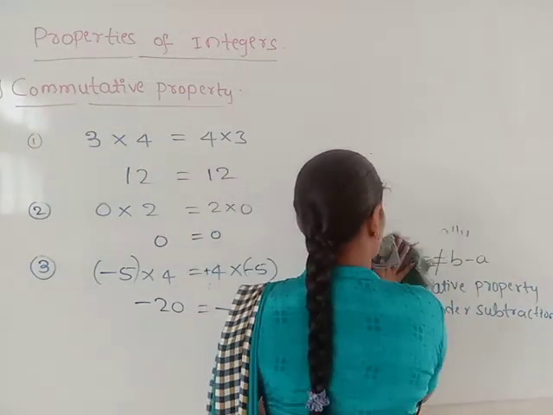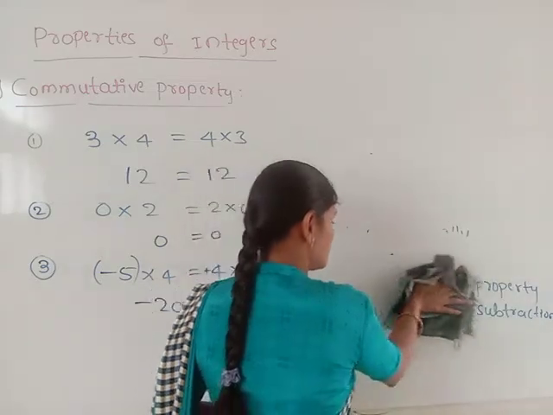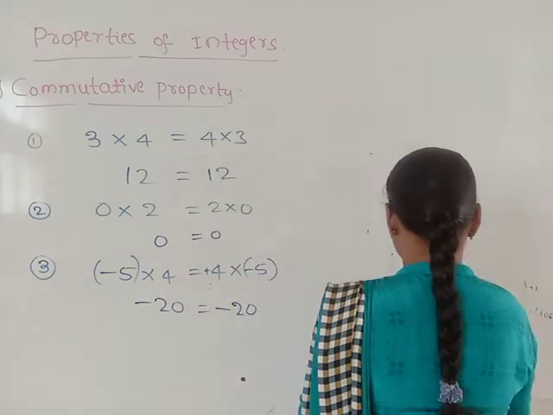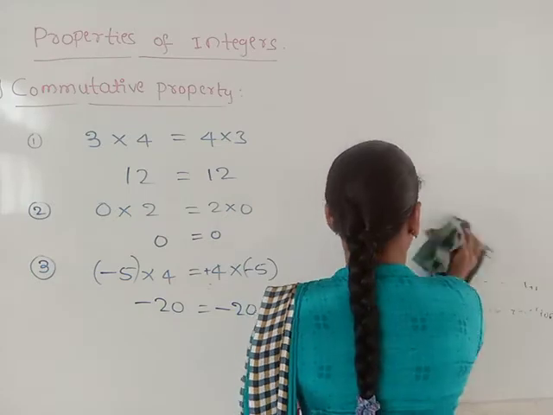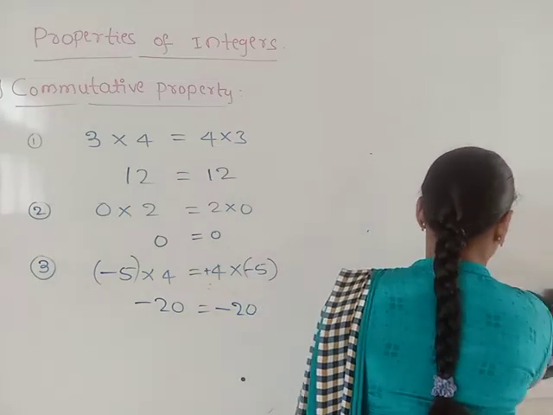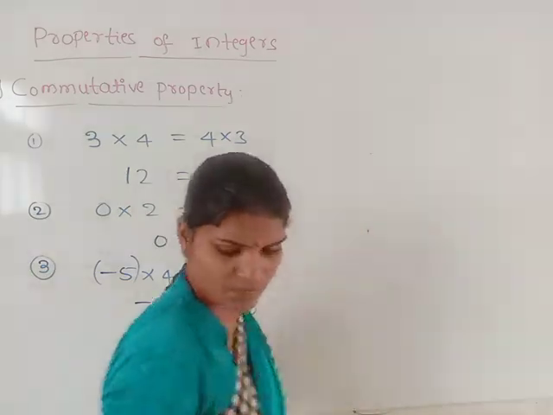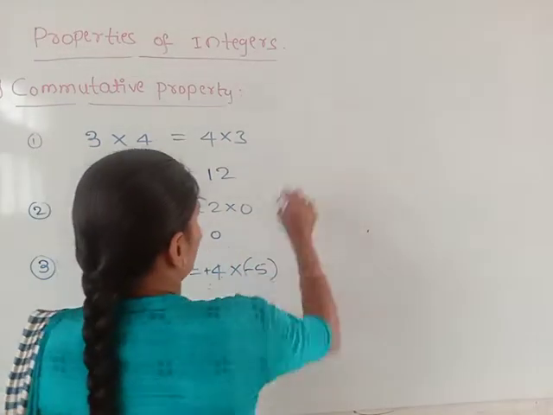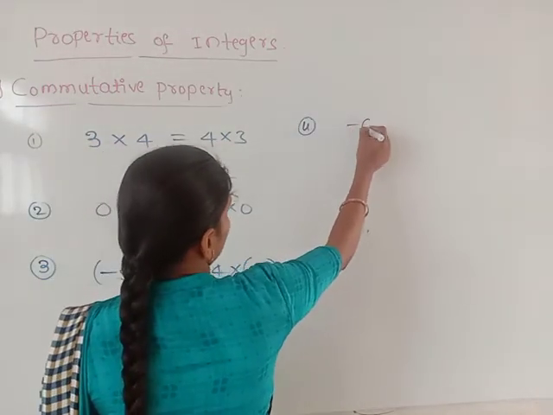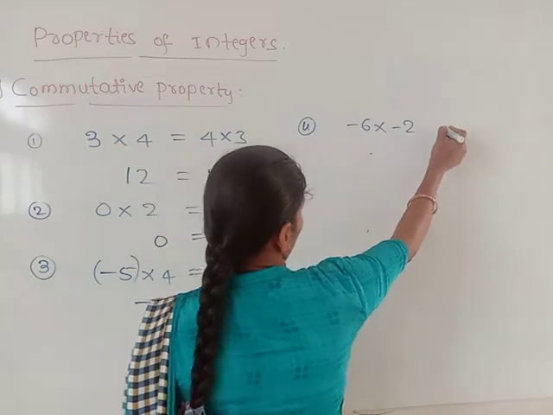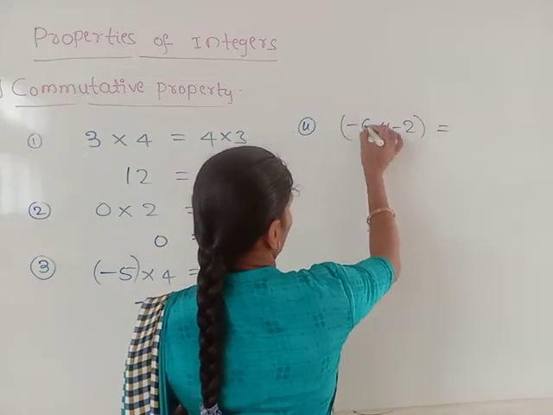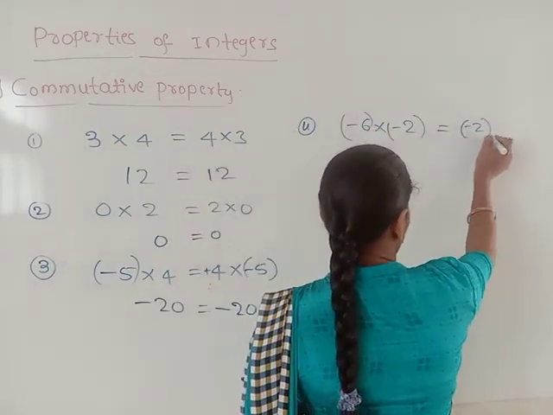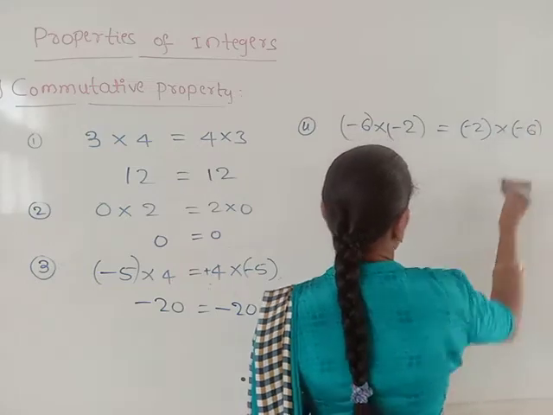Next, suppose both numbers are negative integers. What do we have to do? We check it under multiplication, whether the commutative property exists or not. Take minus 6 into minus 2. Whether it is equal or not, we have to check it. Minus 2 I will take first, then minus 6.